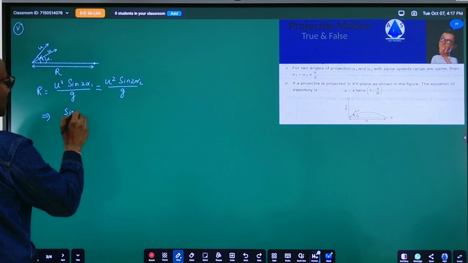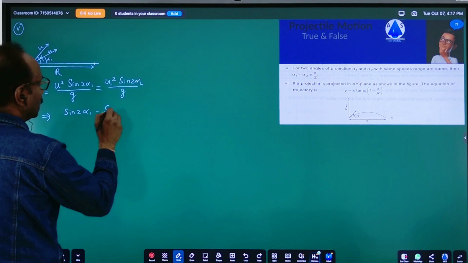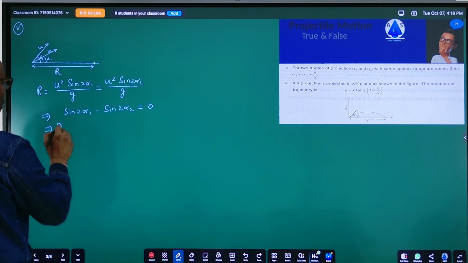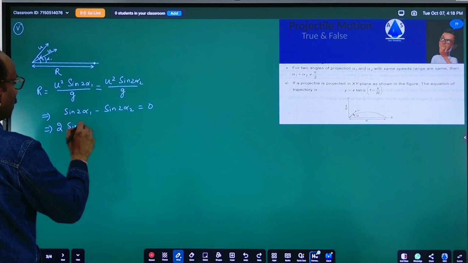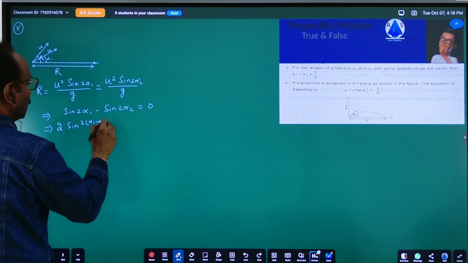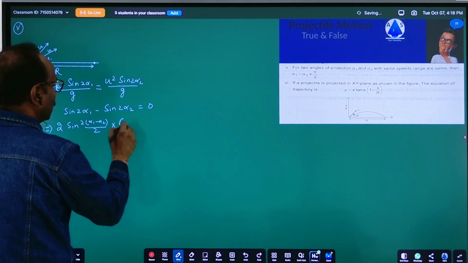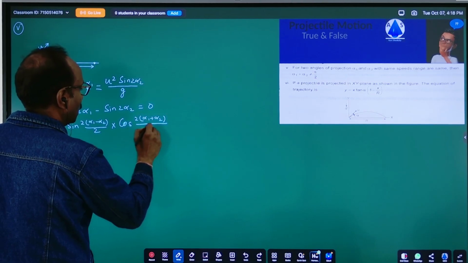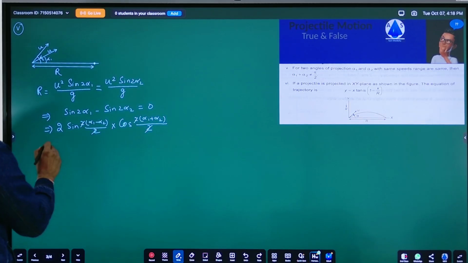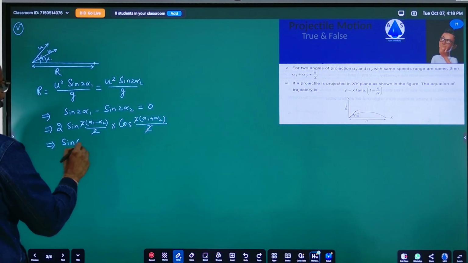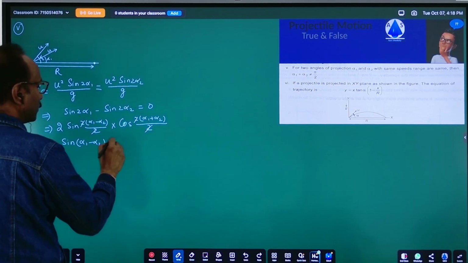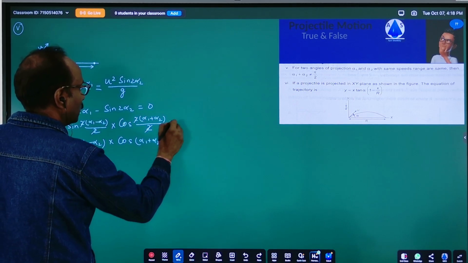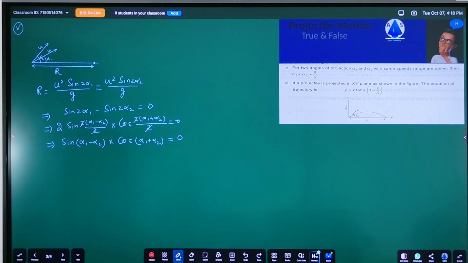From this, finally you reach these equations.